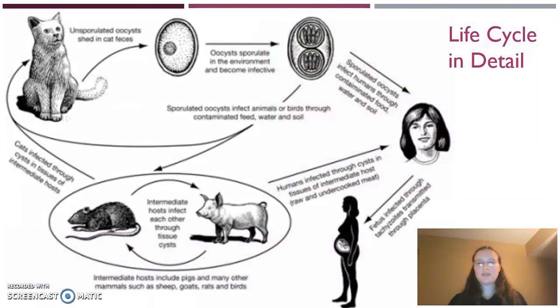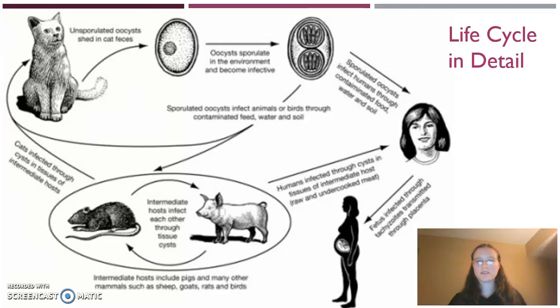So this is the life cycle in more detail. As I said, it first forms oocysts in cats, exits through the cat's feces, sporulates in the environment and becomes infective. At that point, it will infect the intermediate host, which is basically any mammal.